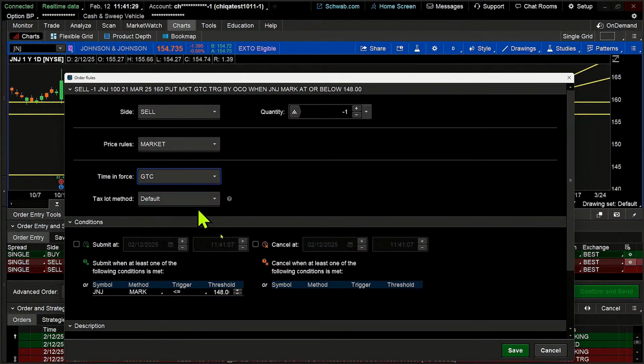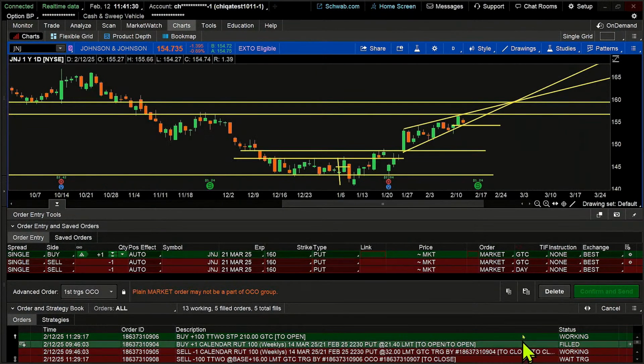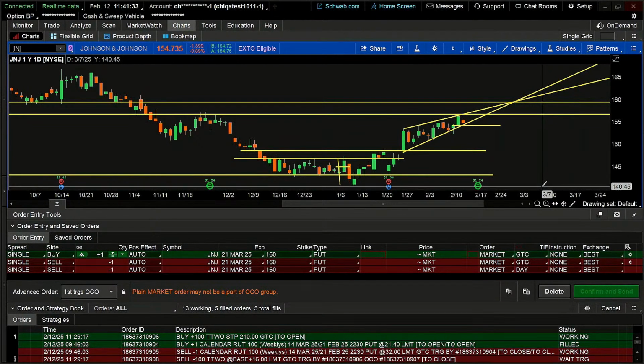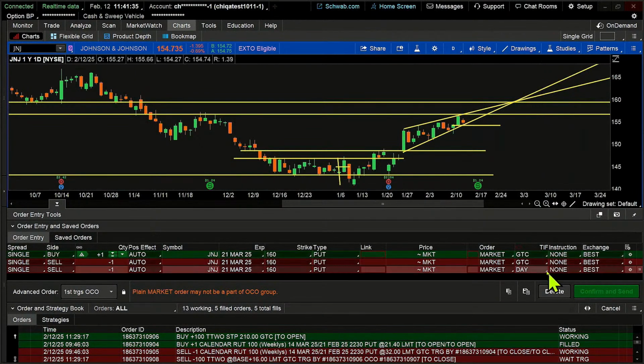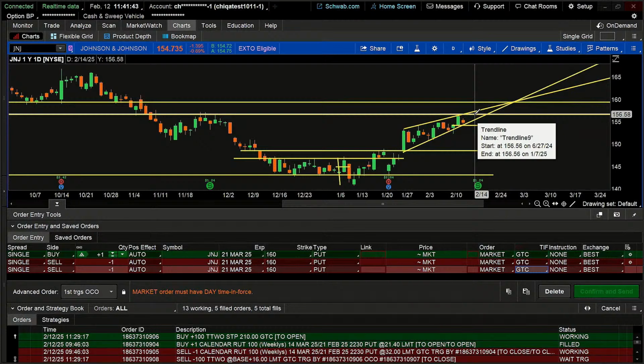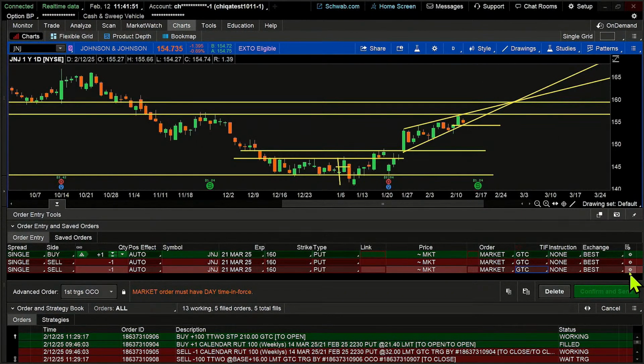And we'll make that one also good till canceled so we don't have to replicate it. We're going to put a conditional order on this last one, which is we're going to sell it back if it goes above 156.78.